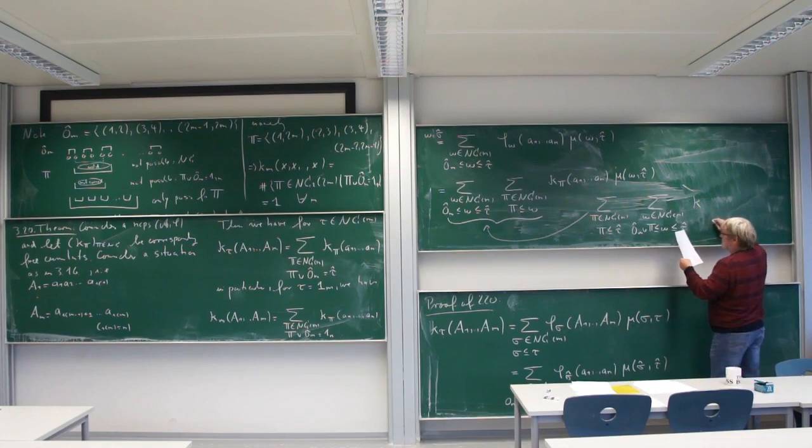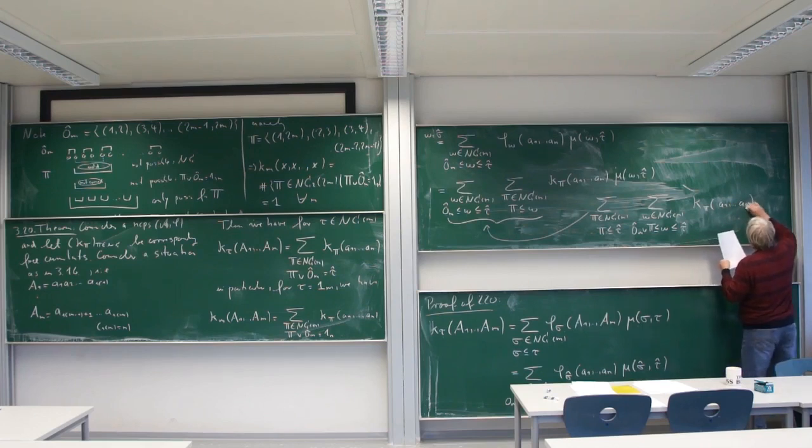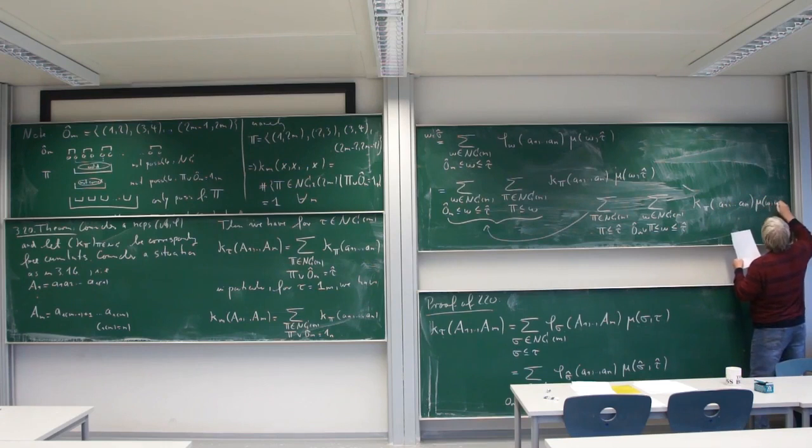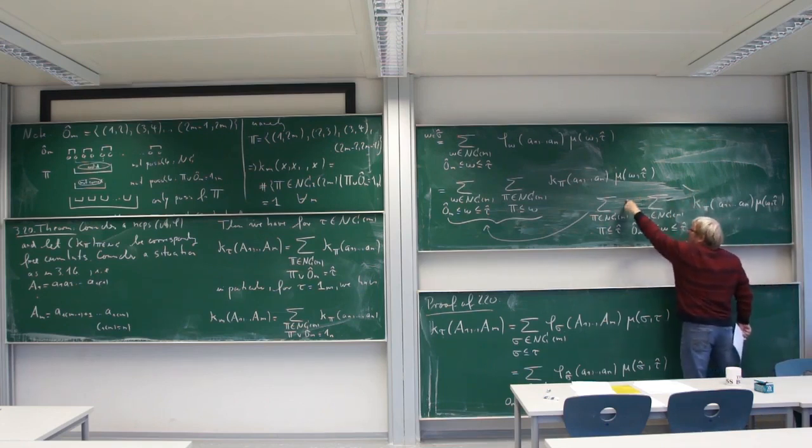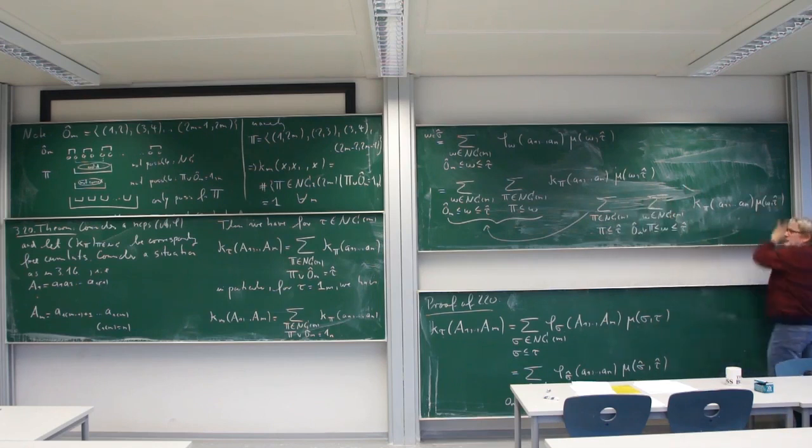We have kappa pi of A1 up to AN and mu of omega, tau hat. Good, but now we see that this kappa pi doesn't depend on the second sum, so we can move the kappa pi here, and then we have a sum over the Möbius function.